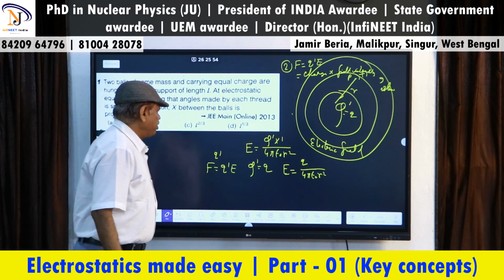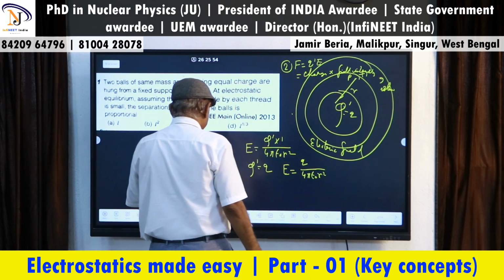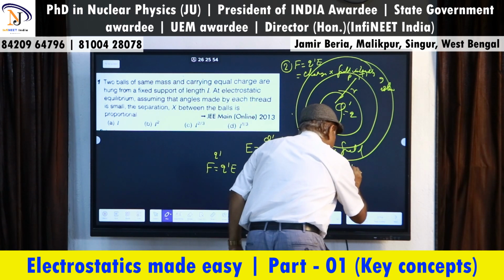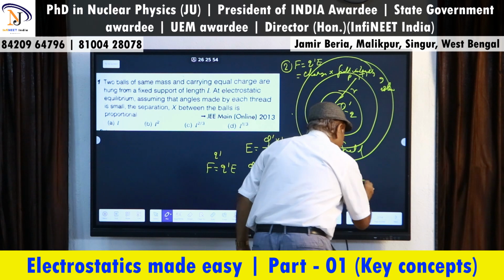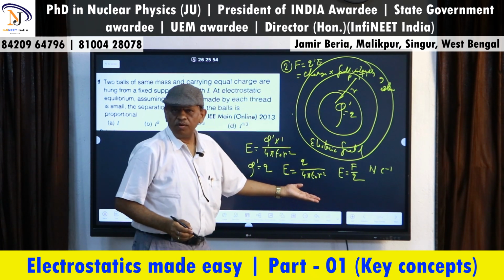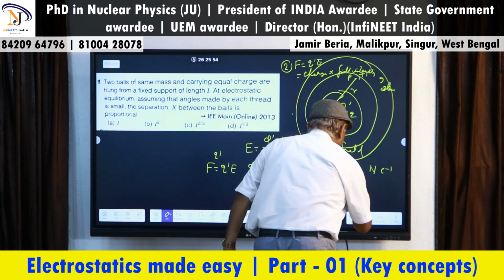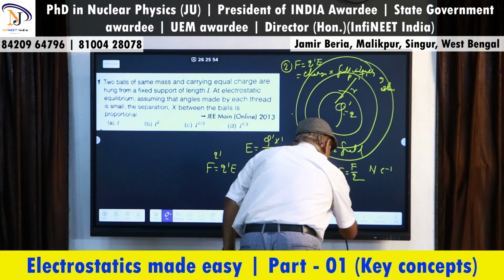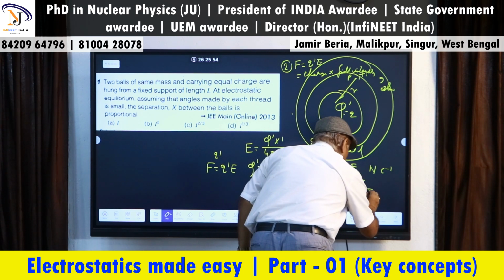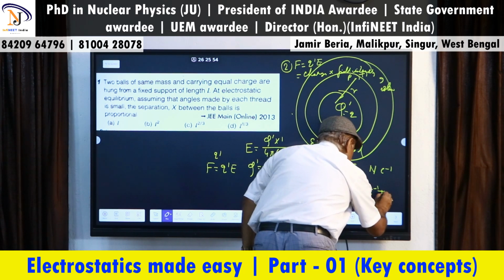What is the unit of E, electrical field intensity? E is nothing but F by Q. F means Newton, Q means Coulomb to the power minus 1. What is the dimension of this? Dimension is M L T to the power minus 2, I to the power minus 1, T to the power minus 1.